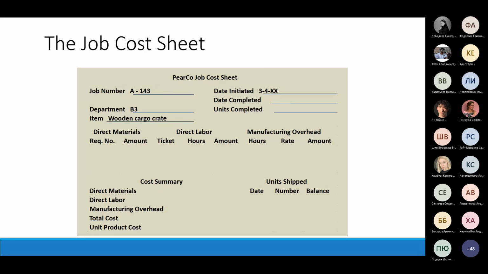So it means that our cost driver is based on the hours that our sewing machine drivers are working on this job. And then, if we identify the elements of the cost, we sum them up in the cost summary and calculate the total cost and the unit product cost.